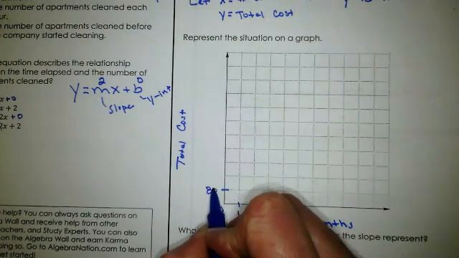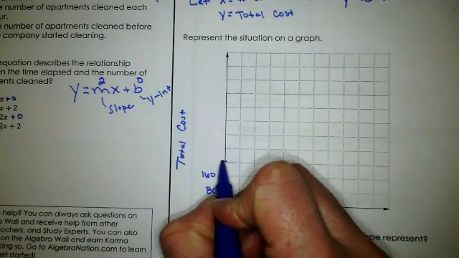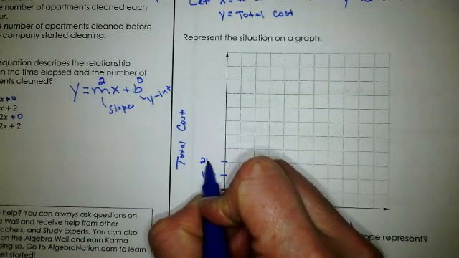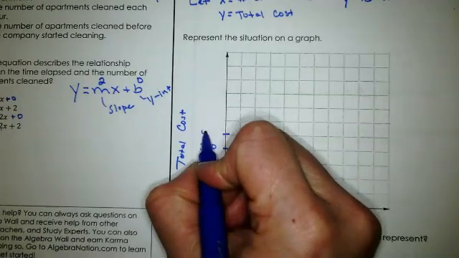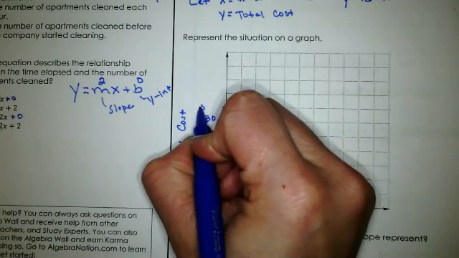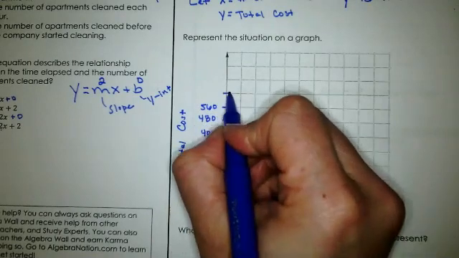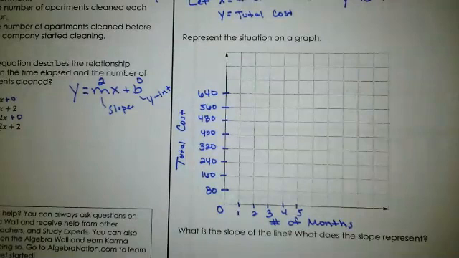So 80 times 1, 80 times 2, 80 times 3, 80 times 4, 80 times 5, 80 times 6, 80 times 7, 80 times 8. That'll be good for now. And let's build a graph of this.